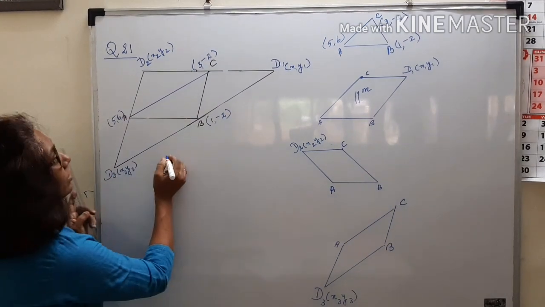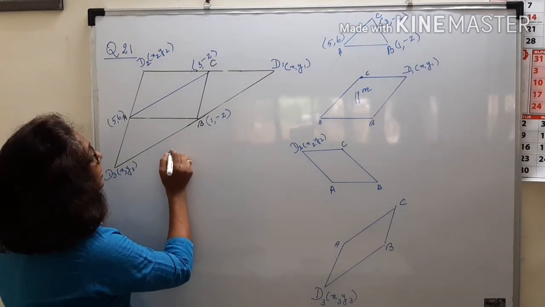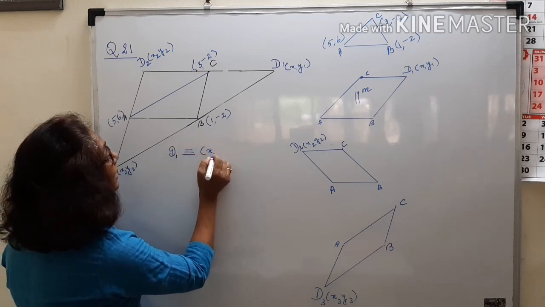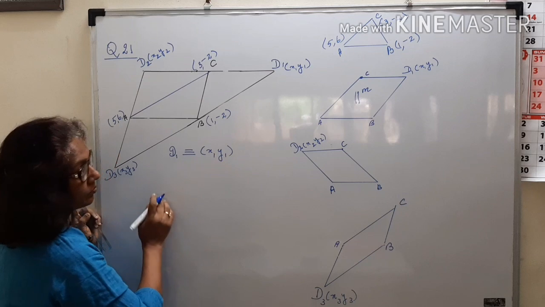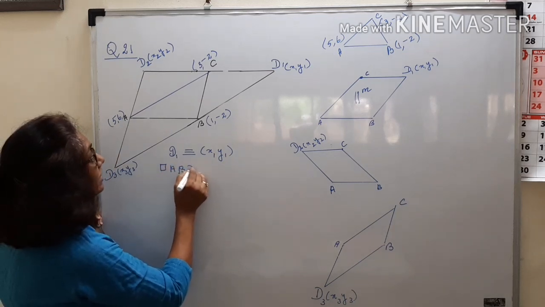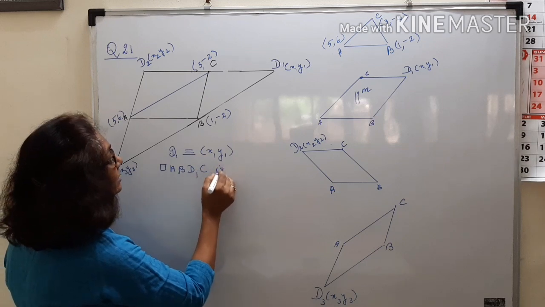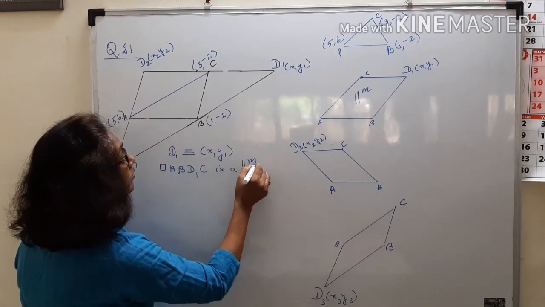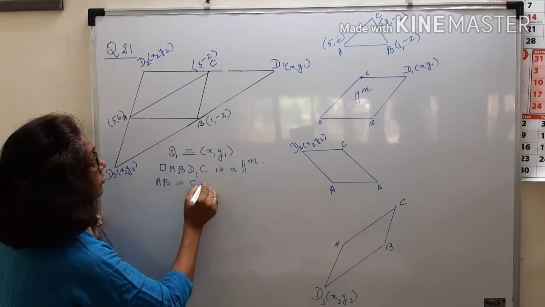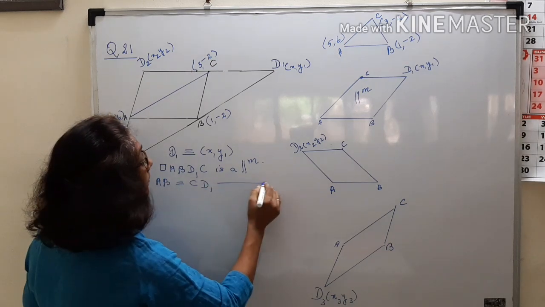So how do we find out? Here I assume that D1 corresponds to x1, y1. Quadrilateral A, B, D1, C is a parallelogram. Therefore, AB becomes equal to CD1.